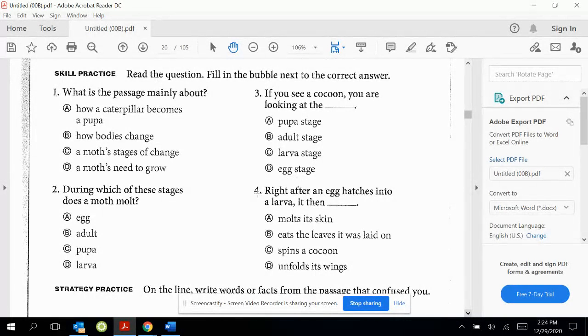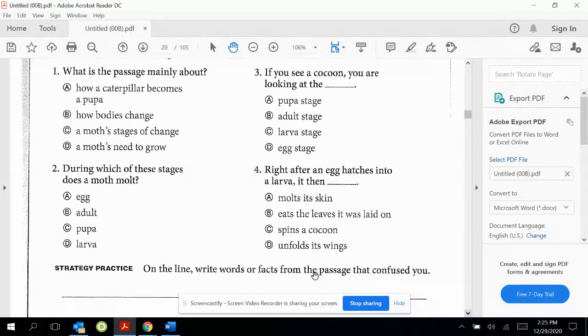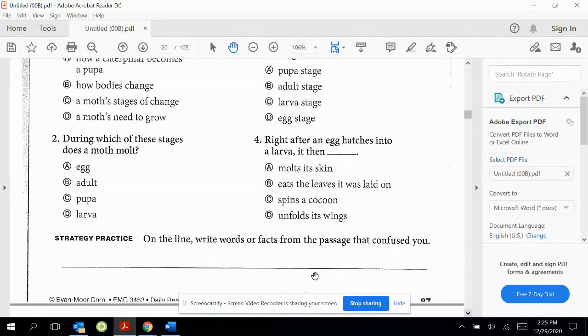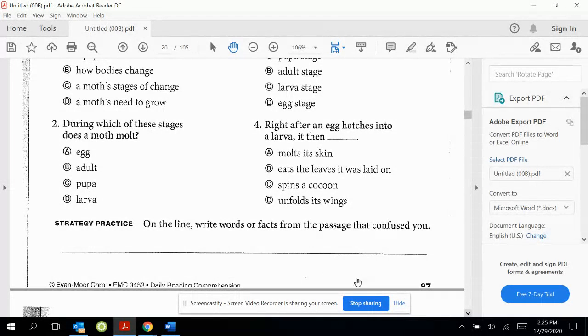Go back and look if you need to. Number 4, right after an egg hatches into a larva, it then molts its skin, eats the leaves it was laid on, spins a cocoon, or unfolds its wings. On the line, write words or facts from the passage that confused you.